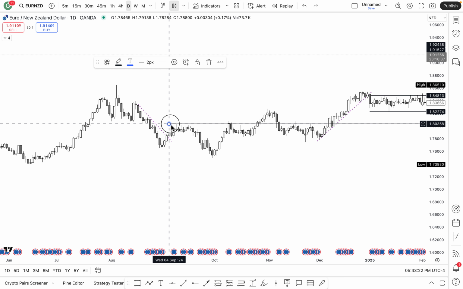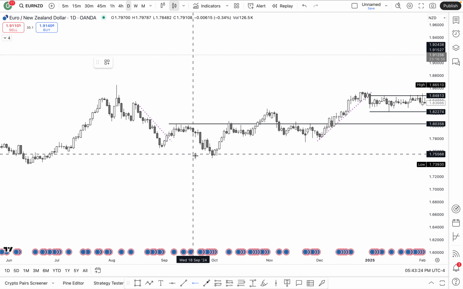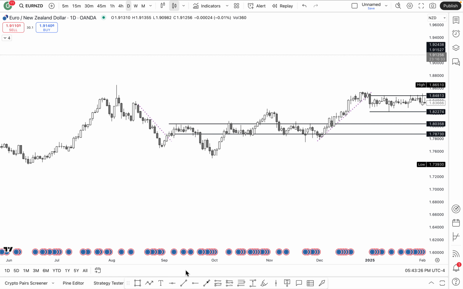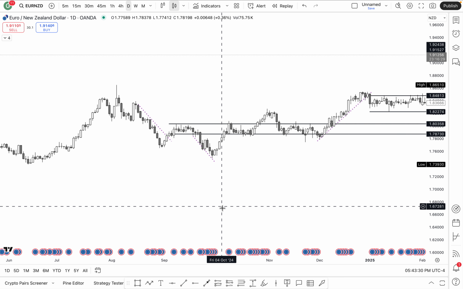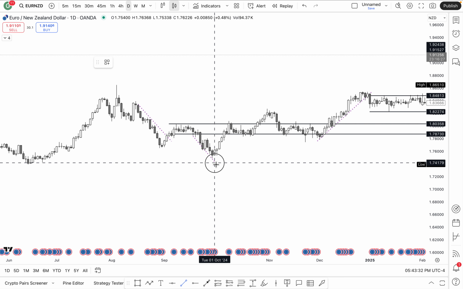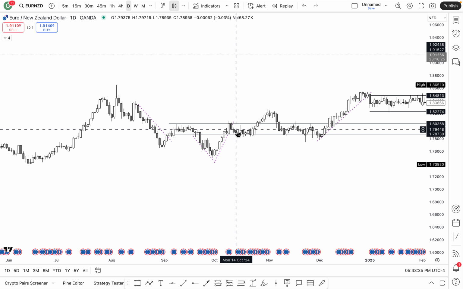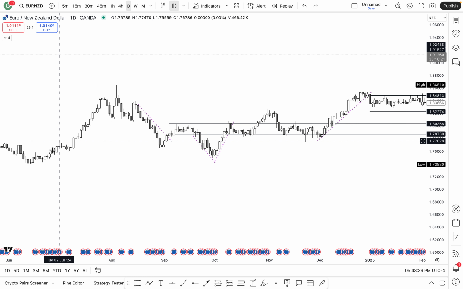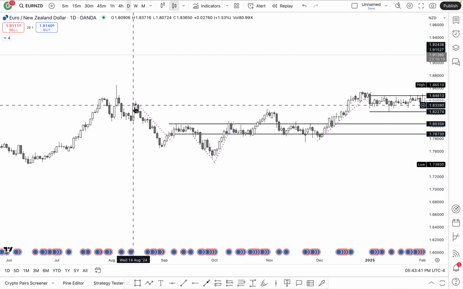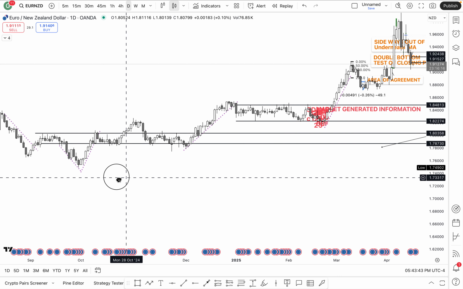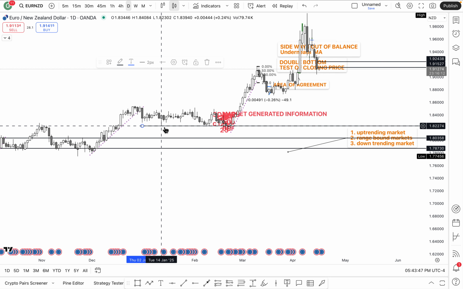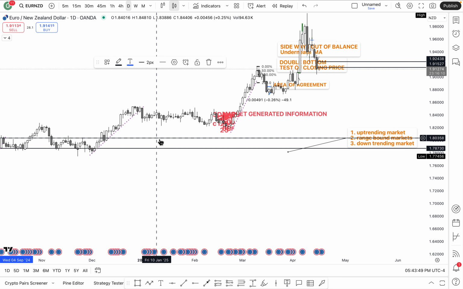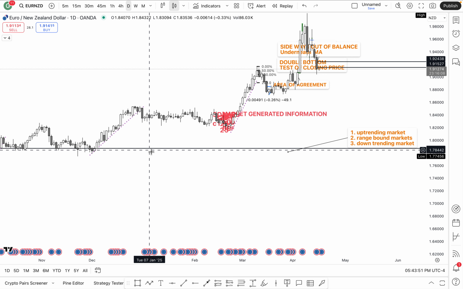It goes sideways, resumes a short-term downtrend, resumes an uptrend, goes sideways again, uptrend, downtrend, sideways, uptrend, sideways, downtrend. So the market will always move from what? Trends to range to the trend. That is the 3 cycles of the market.